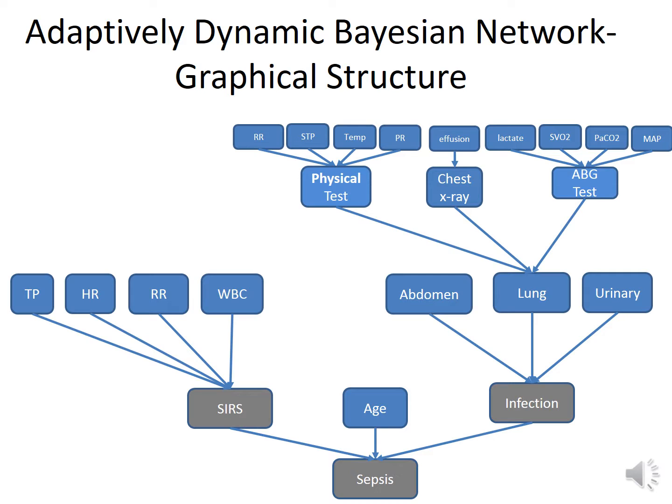First, we construct the nodes and arcs with the discussion of physicians. Sepsis is highly dependent on the age, the source, and the infection. The source is the temperature, heart rate, respiratory rate, and white blood count. And for the infection, we can have the abdomen, lung infection, urinary infection, and others. We just present the most common cases here.